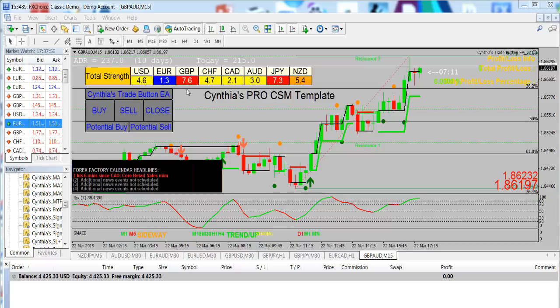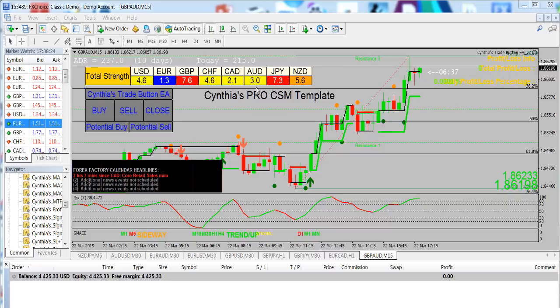You can see up here on the currency strength meter that the pound is a very strong extreme red 7.6. That's a very extreme buy pressure. And the Aussie is a very weak yellow 3.0. What this means is that this morning the buying pressure is very strong for the pound and the selling pressure is weak for the Aussie dollar.